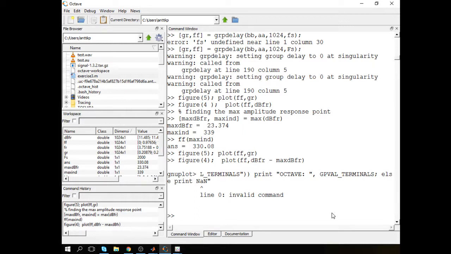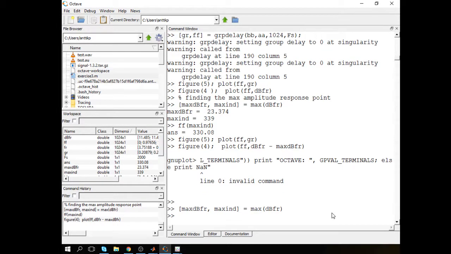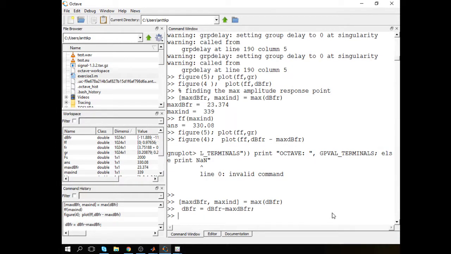What did I do? All right. So dBFR should look like dBFR minus the maximum dBFR, right?